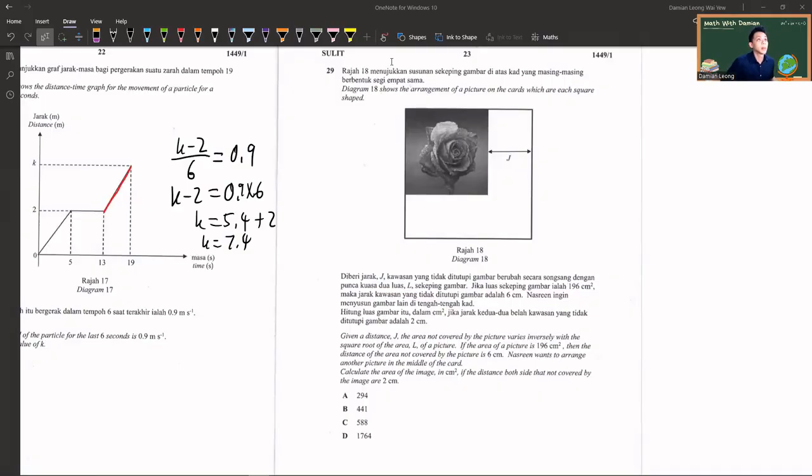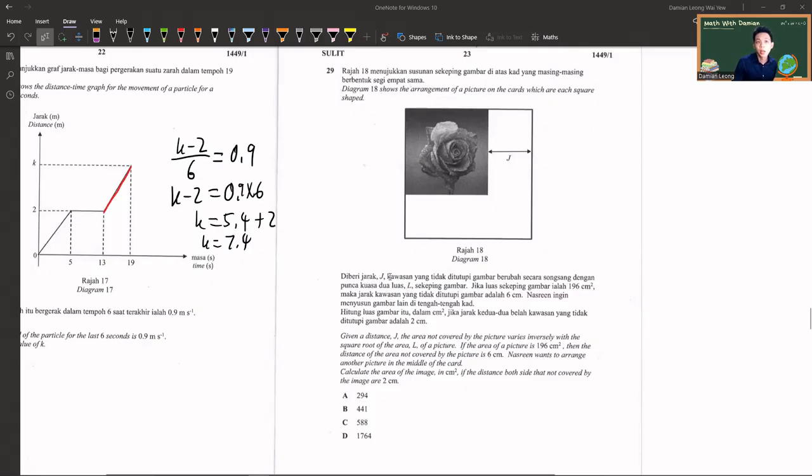Question 29. Rajah 18 menunjukkan susunan sekeping gambar di atas kad yang masing-masing berbentuk segi empat sama. So we have square shape for the picture and the card. Okay. So diberi jarak J, kawasan yang tidak ditutupi gambar berubah secara songsang dengan punca kuasa 2 luas L. Okay.